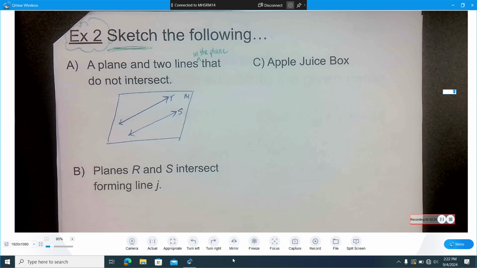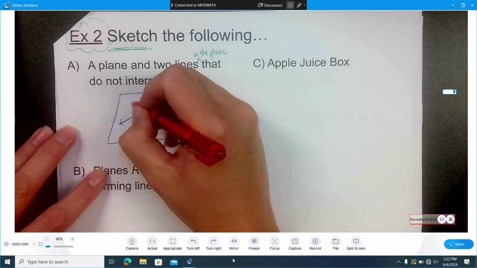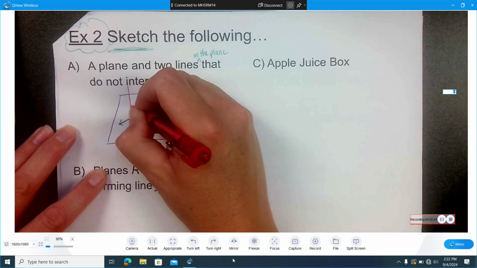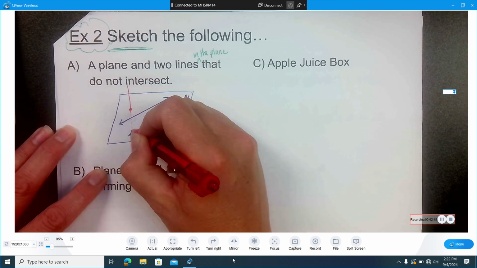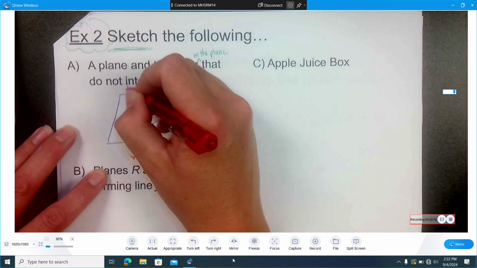What if I wanted to draw a line that intersected plane M in 1 point? If I have my plane, a line intersecting it would pass through it at 1 single point, all right? So I'm going to go ahead and draw that just so you can see. Here's my line coming in, hits the plane, and passes straight through the plane and pops out the other side.